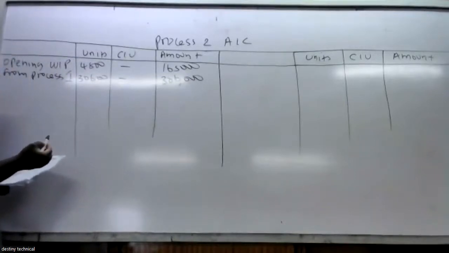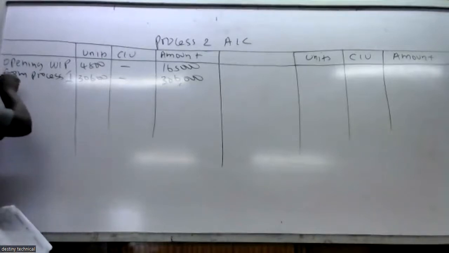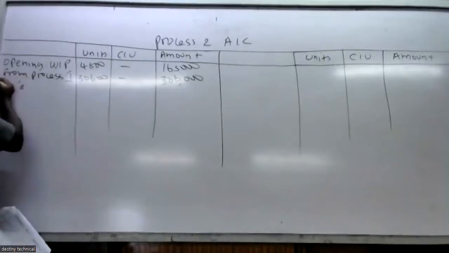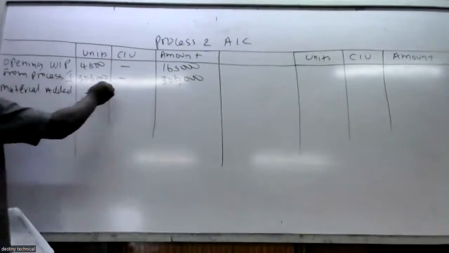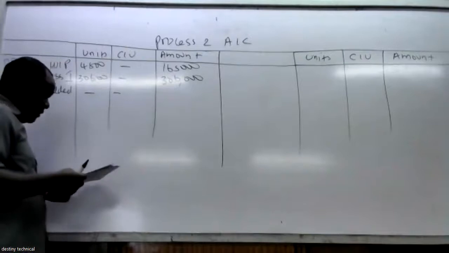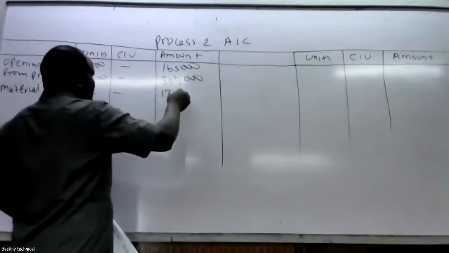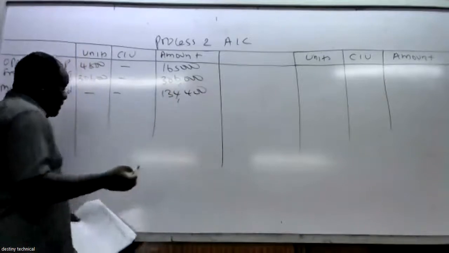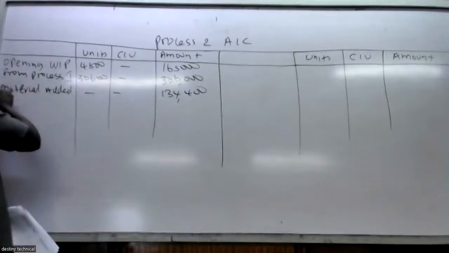The next one is material added. So materials added, we got the note number 2. Direct material was 134,400. The next item there will be direct labor.